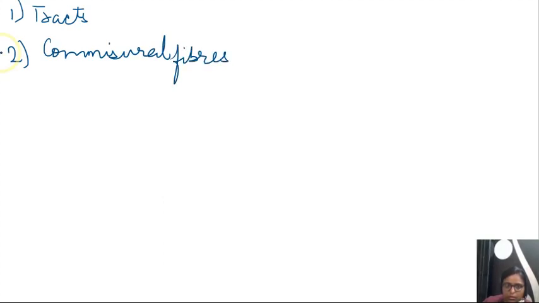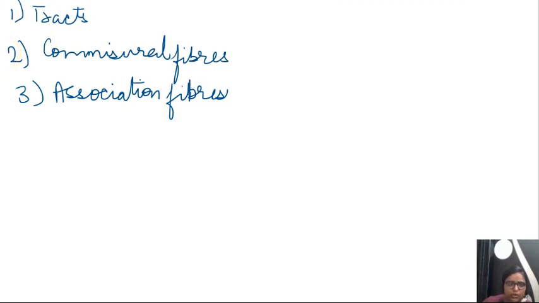And third one is your association fibers. You have to understand it very nicely, because if you want to study the structural anatomy of the spinal cord and its physiology, you have to know the basics of it. Otherwise you will get very confused.